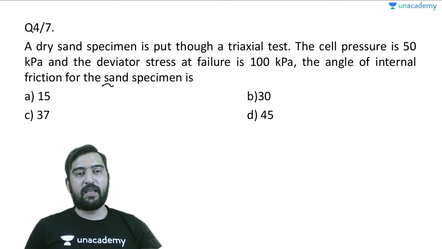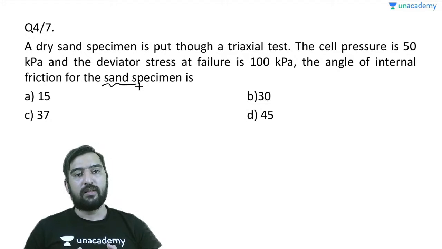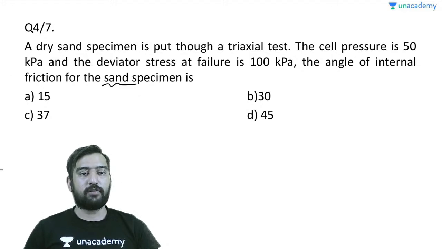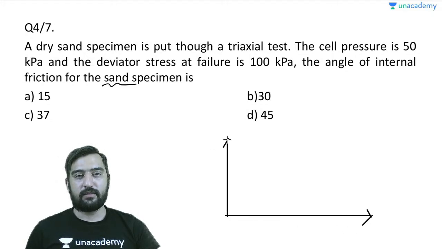See, whenever there is a case of sand, you are free of one thing, that it is going to be 0 C value. Sand is not having the cohesion. तो sand है तो cohesion नहीं होगा, तो उसको आप 0 मान लीजिए. And rest of the things are same. So if this is your x-axis, this is your y-axis.